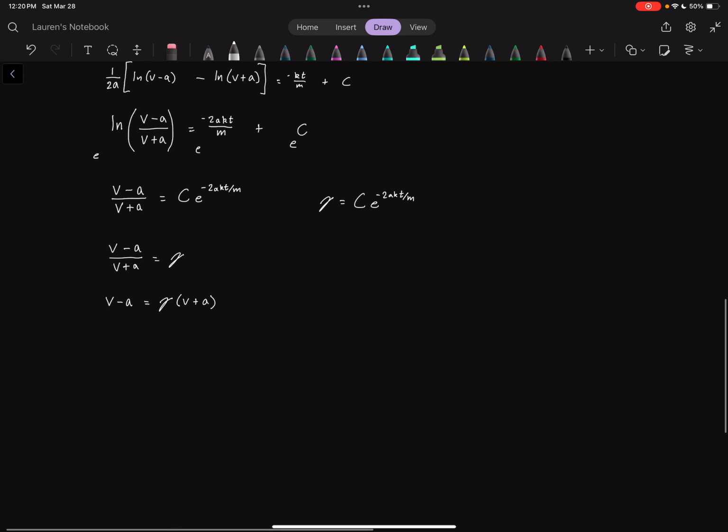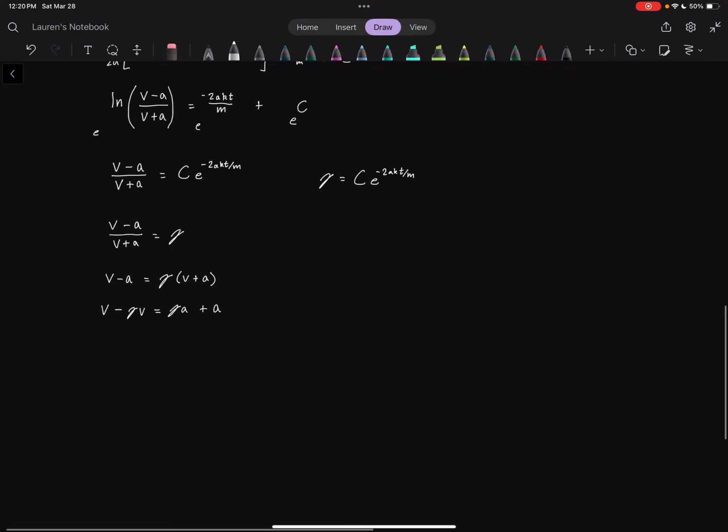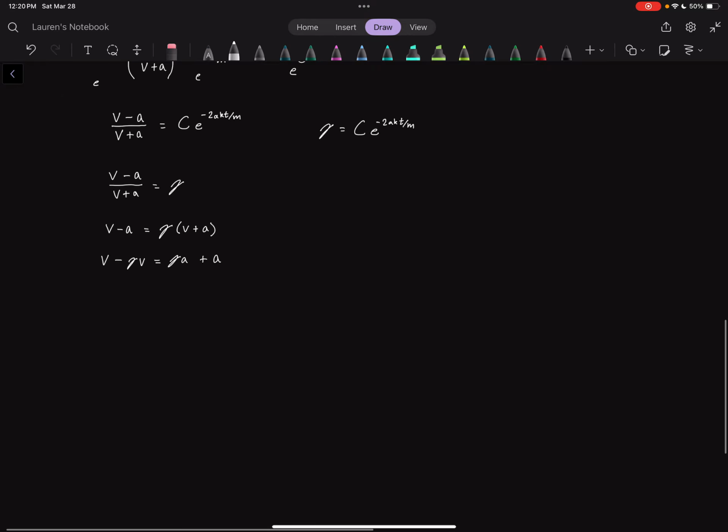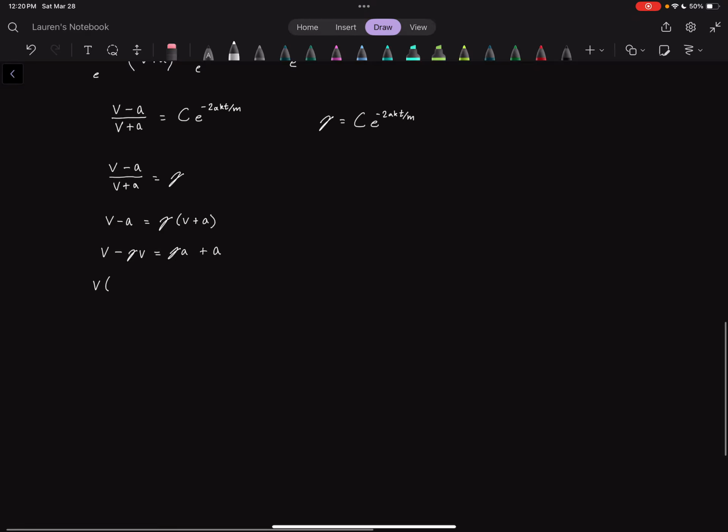So therefore, we're trying to get all the v's on one side, right? So v minus gamma v is equal to gamma a plus a. Then we can pull out a v on the left side, and that's 1 minus gamma, is equal to, we can pull out an a and say 1 plus gamma.